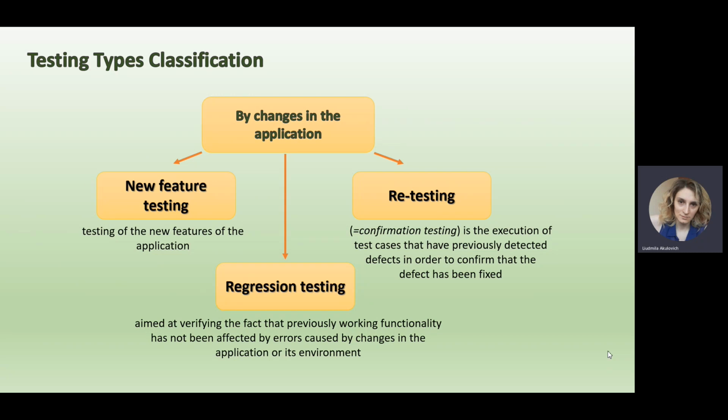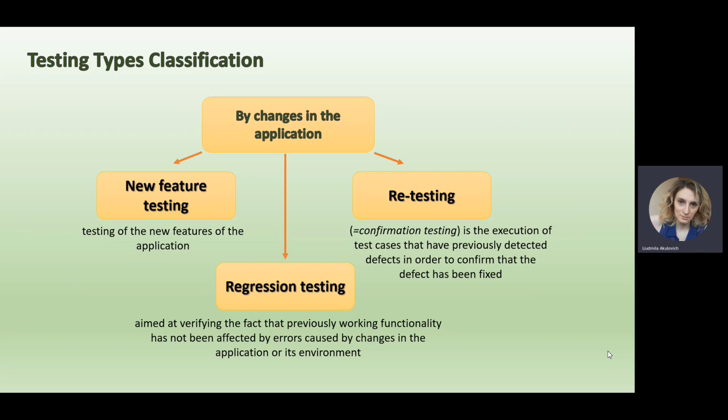For regression testing, you check test cases from your library to get ideas to check, analyzing what can be affected by these new changes. So you should check a larger area than in the case of retesting.